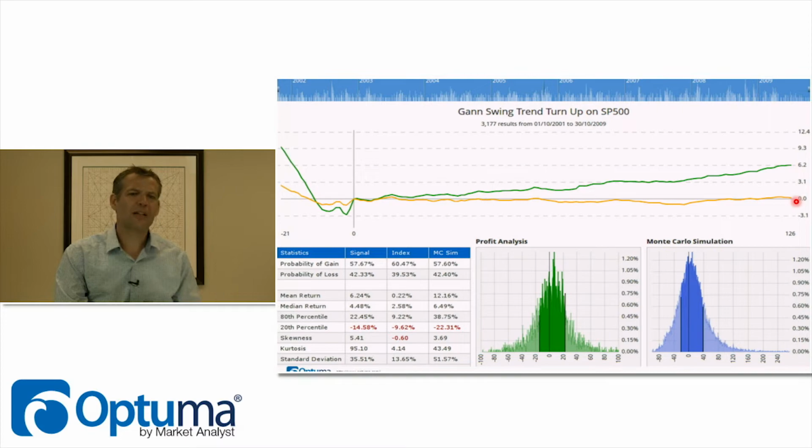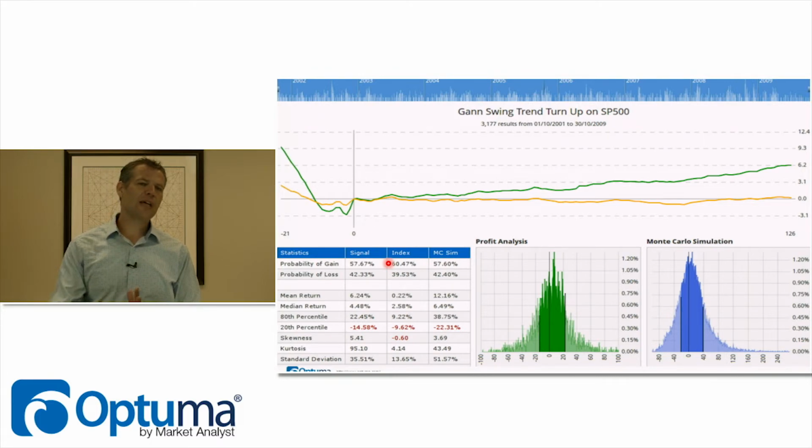I'm doing better than if I just had a buy and hold strategy at this point. 57% probability of gain, that's actually not bad at all. From a quantitative point of view, anything that gets us up around 60% is great. It really puts the odds in our favor that when we go to market again and again and again, we're doing really well.